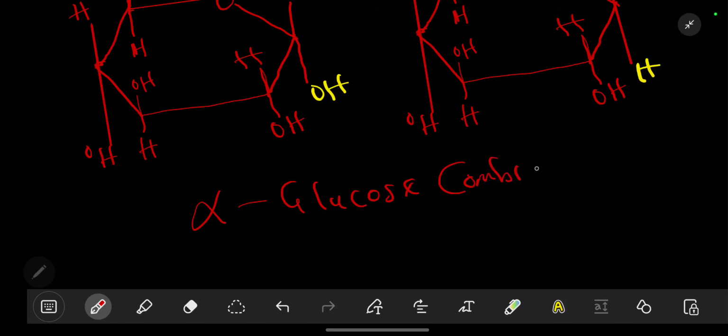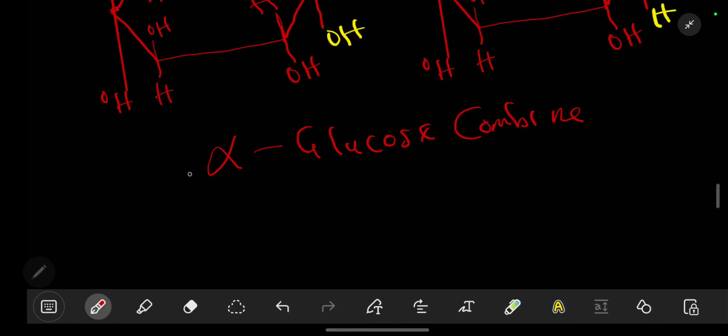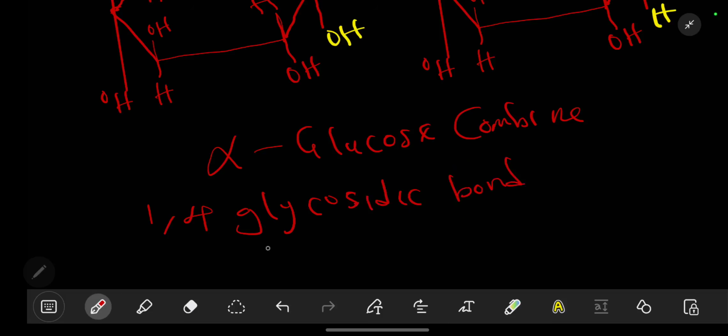When two alpha glucose combine in the 1-4 glycosidic bond, glycosidic meaning to say they are just the bonds that are formed when these sugars combine together. So when these combine in this 1-4, this structure is a linear structure.